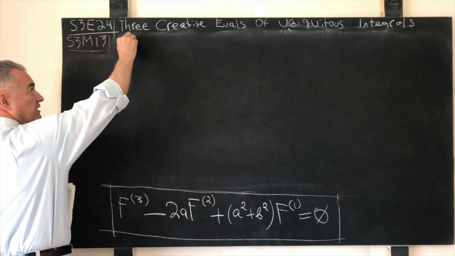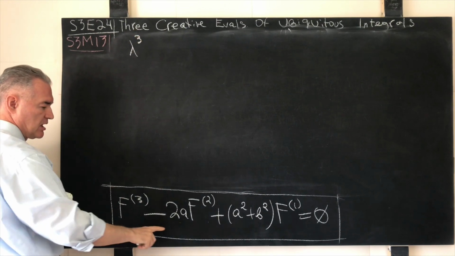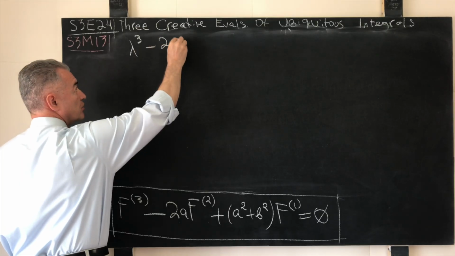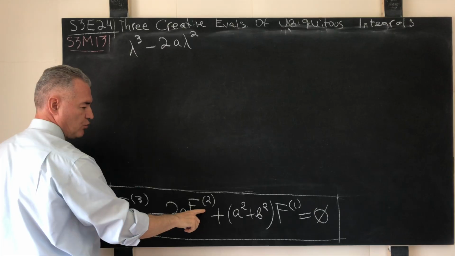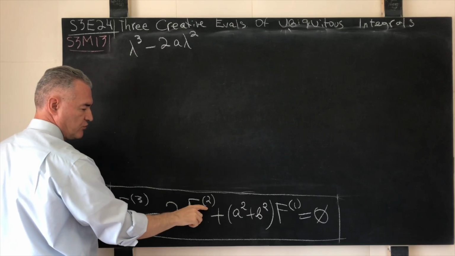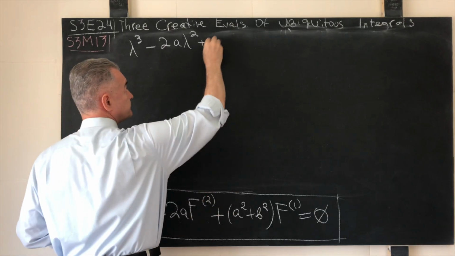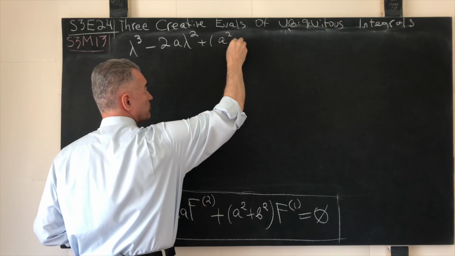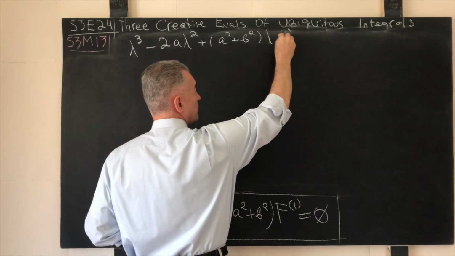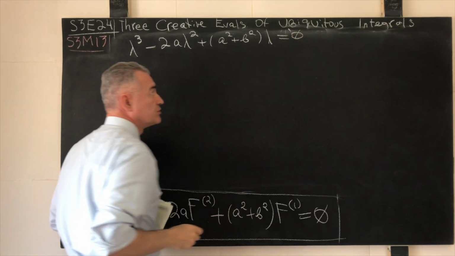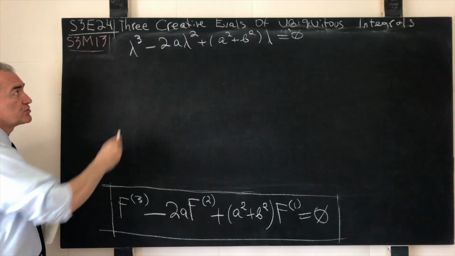So in this case, the characteristic equation will be, let's say, lambda cubed minus 2a lambda squared, by the order of the derivative over here, second, plus (a squared plus b squared) lambda, and that is equal to 0. And now we try to solve this equation.